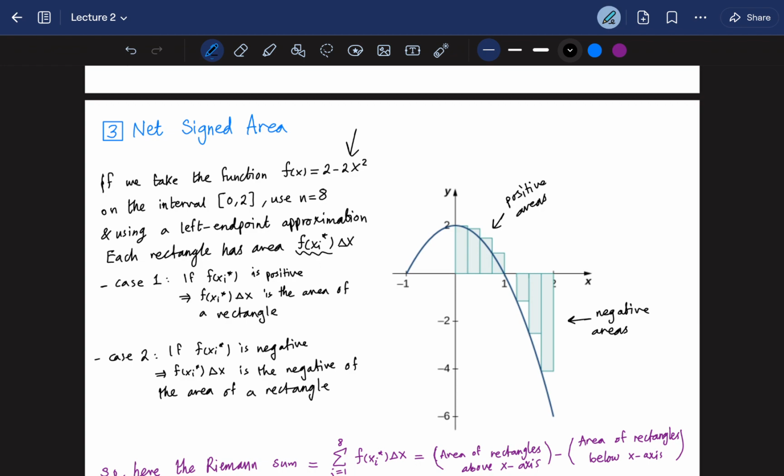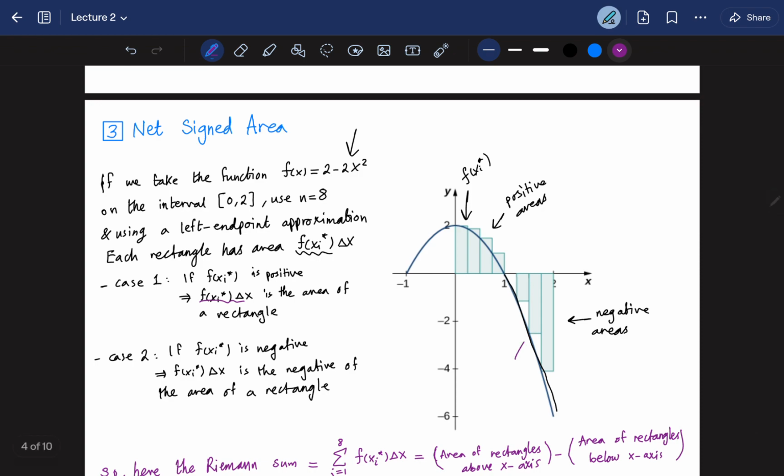Now the problem is, when you look at this graph, since I don't have any restrictions, it could be non-negative. So I have a part of my graph that's under the x-axis, which means it's negative there. So any f of xi here is going to be positive, since it's above the x-axis, which means that the area, which is my f of x times delta x, is just going to be the area of a rectangle, which is positive, like we did before.